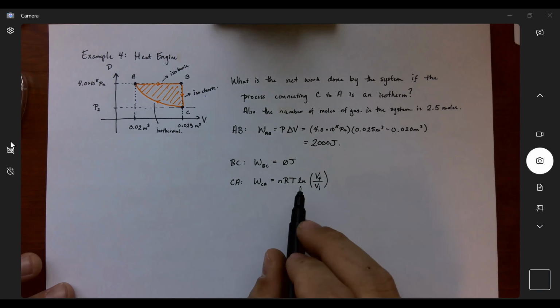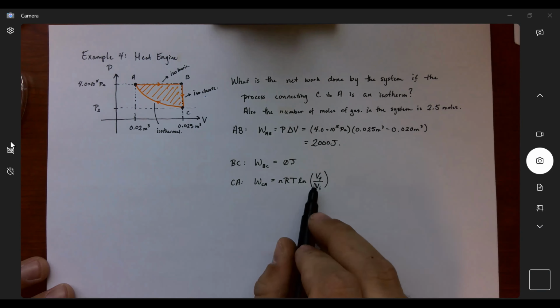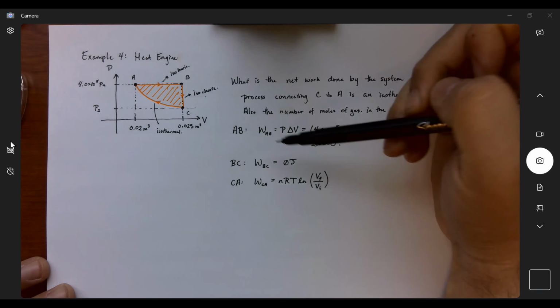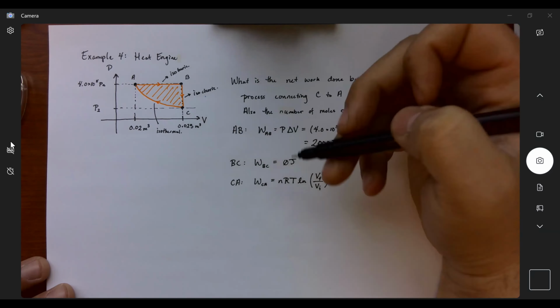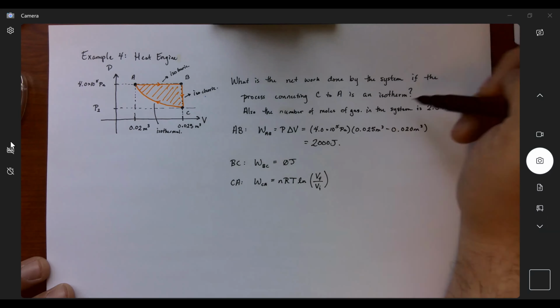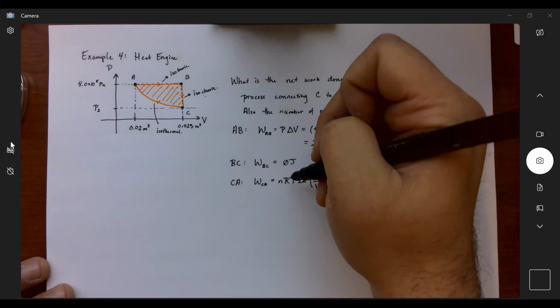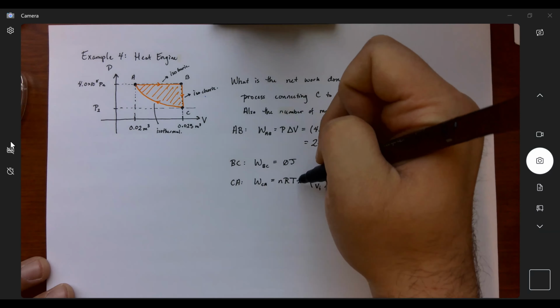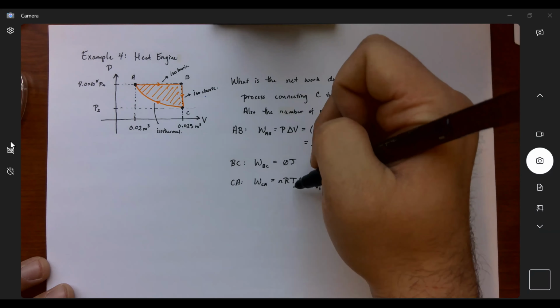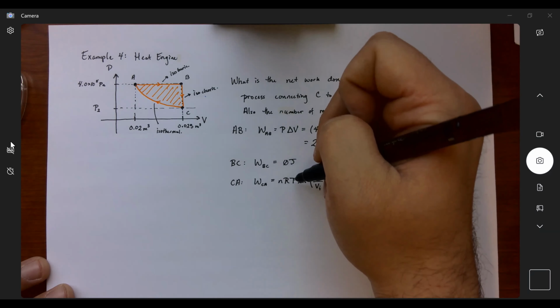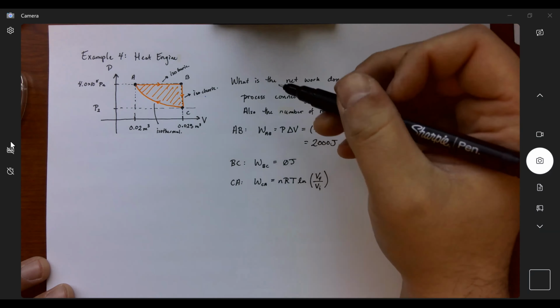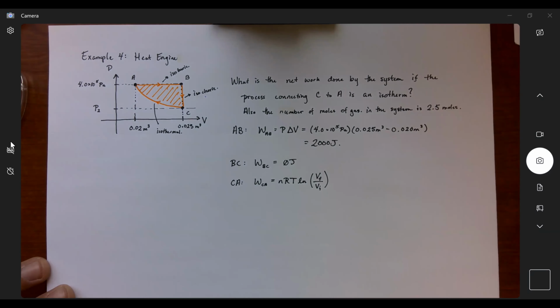All right. So with this relationship, we have the initial and final volumes. We have the number of moles of the gas inside our engine that's going through the cyclical process. The only thing that we need to understand is what is the temperature. How could we find the temperature?